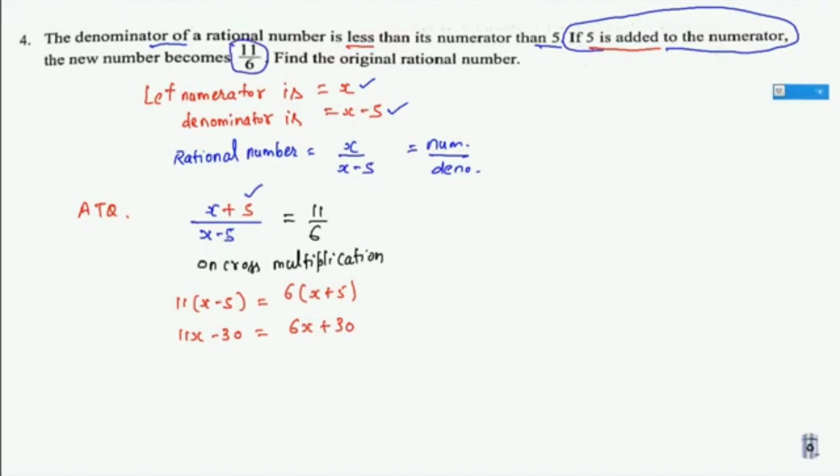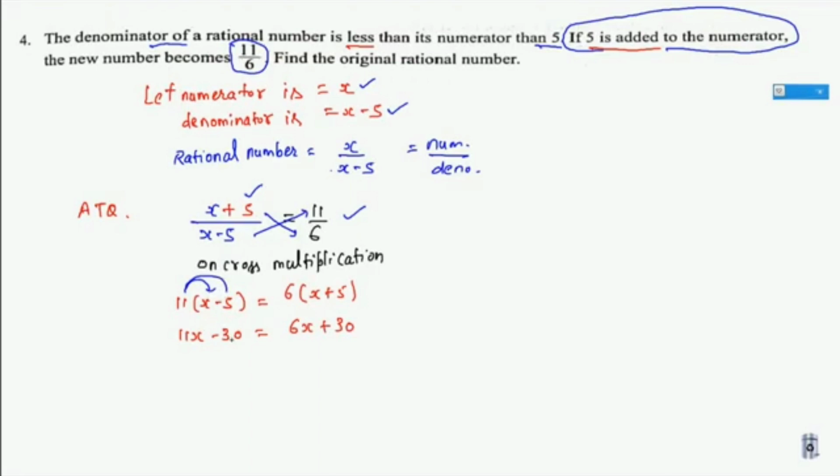Students, in this type of question we always suppose the numerator and denominator. So the rational number will be x by x minus 5, numerator by denominator. According to the question, if 5 is added to the numerator only, that means x plus 5 by x minus 5 is equal to 11 by 6.